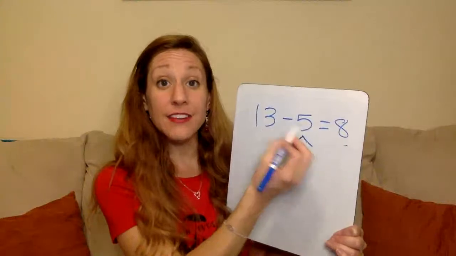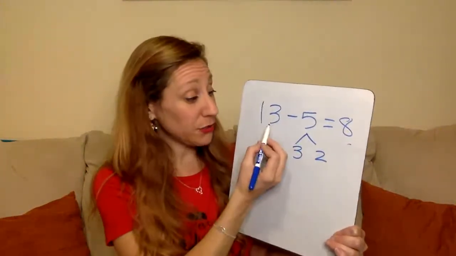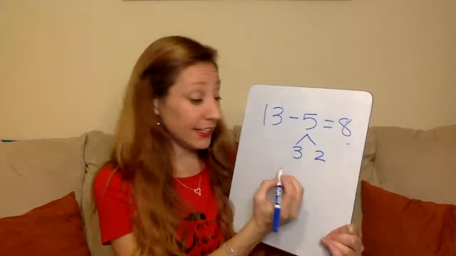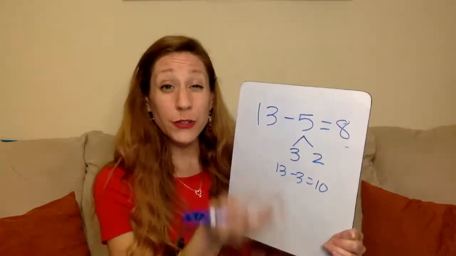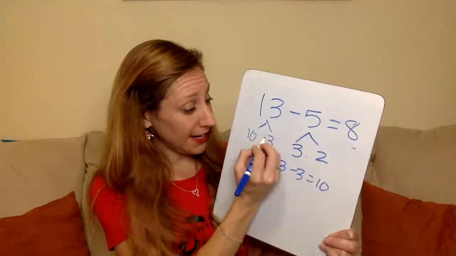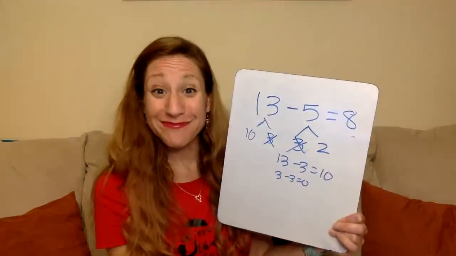So let's see. 5, I can split it up into 3 and 2. So if I do 13 minus 3, that brings me to 10. Or you can look at it as I've split up the 10 and 3. So now I do 3 minus 3. Those are going to cancel each other right out. 3 minus 3, done. Right?